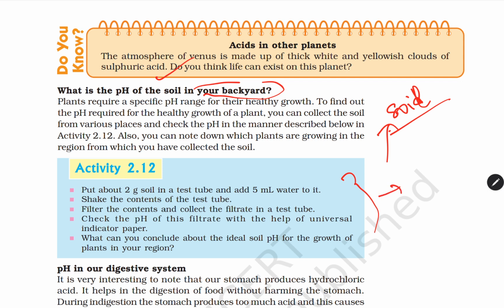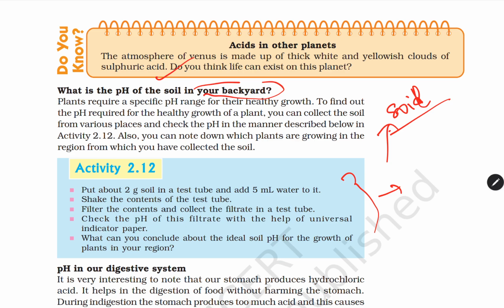Just collect a sample of soil and mix it in water. Then filter it, collect that water and test it with the universal indicator.